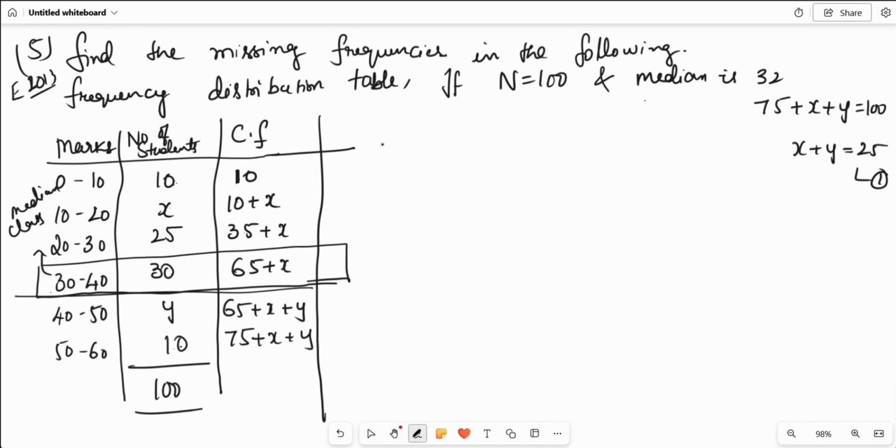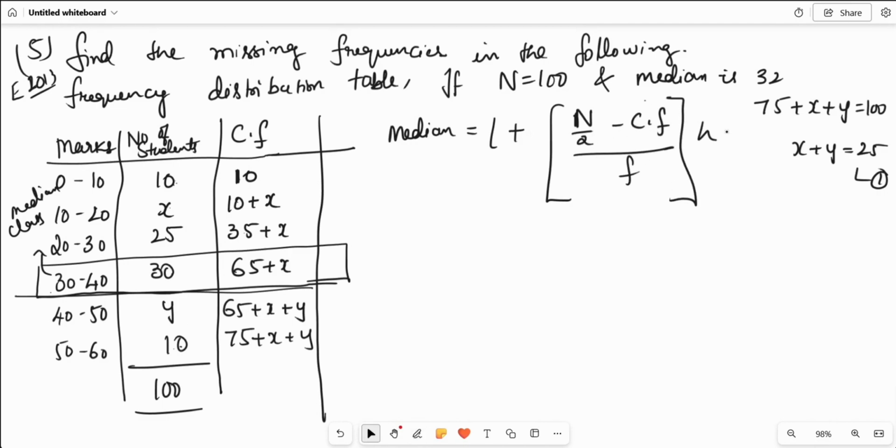Okay, so median is equal to L plus n by 2 minus CF by F into H. Now we selected the median class. L will be what? Lower limit. So 30.